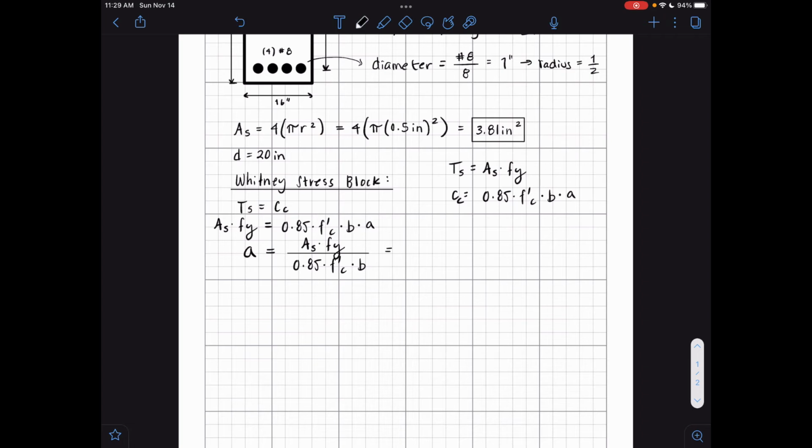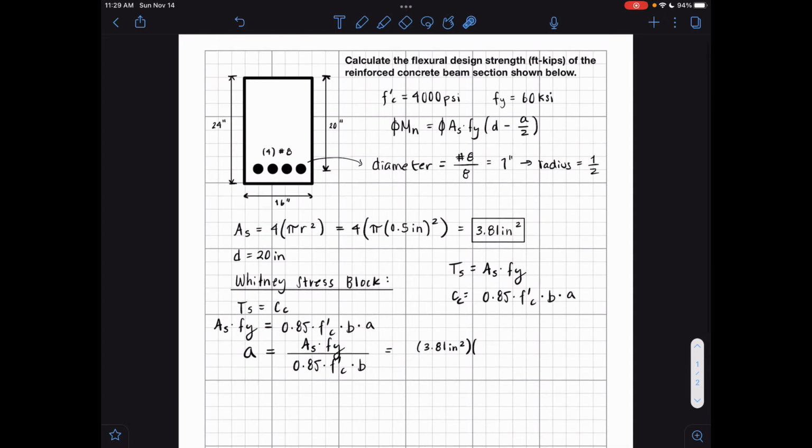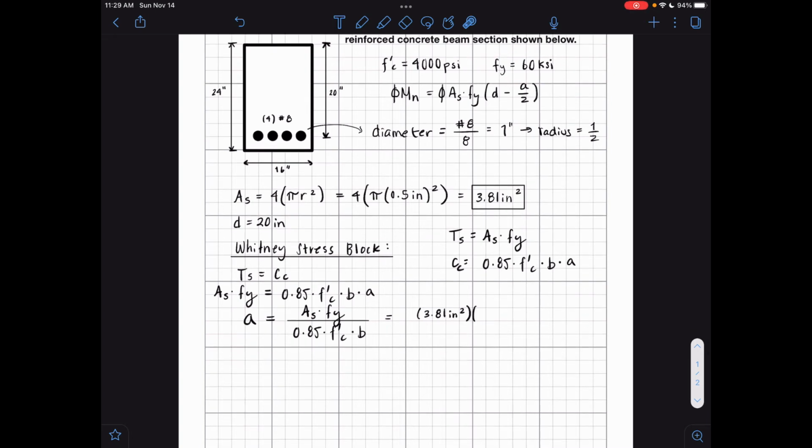And now we know what As is equal to. It is, as we calculated a second ago, 3.81 inches squared. fy is given; fy, I believe, is 60 ksi. Divided by 0.85 times f prime c, which is 4 ksi.